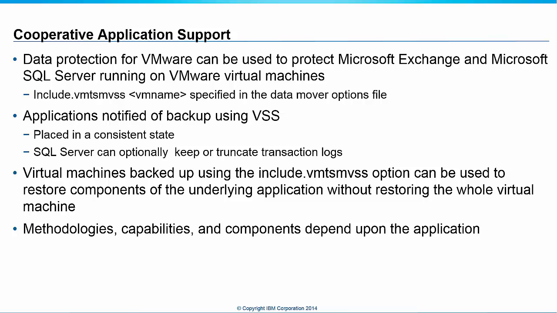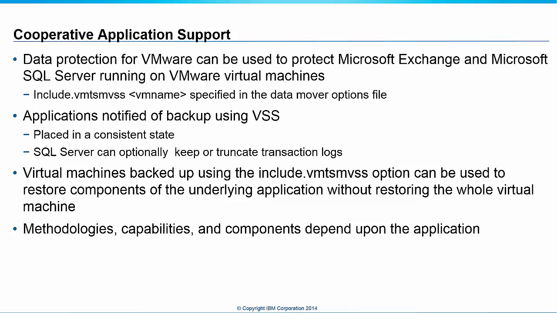Once you have a virtual machine backup that was created with this option, you can restore the components of the underlying application, either SQL Server or Exchange, without restoring the whole virtual machine.